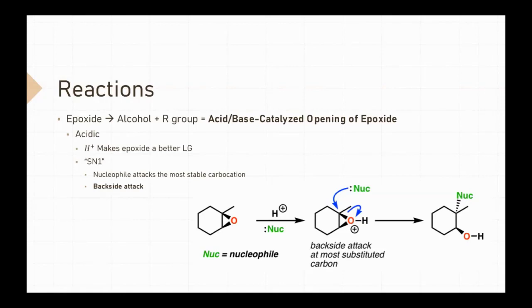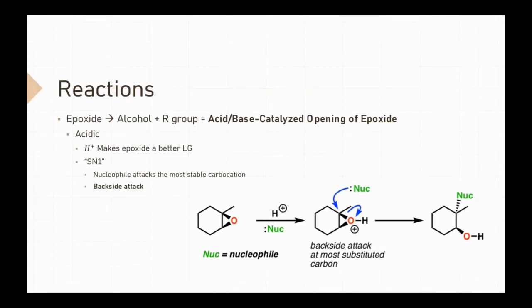To make a good carbocation, it has to break from the top, because when you do that, you have a tertiary carbocation. If you remove from the bottom, you get a secondary carbocation. So the most stable will be the top carbon.